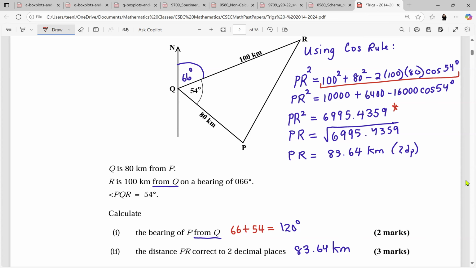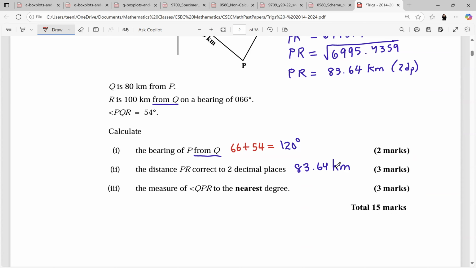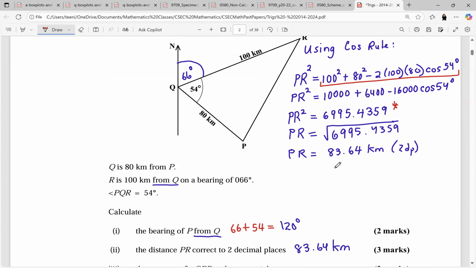Yes. Listen, I feel something might be wrong with your calculator. You want to type it in one more time and see, honey? But yes, guys, I think this is the answer: 83.64 km.